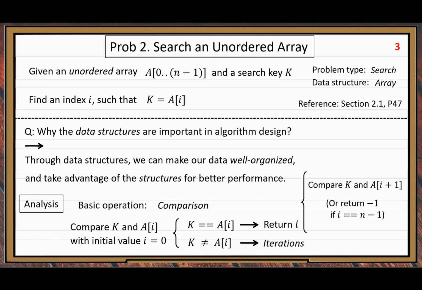But you may have the situation where, after you compare all the elements in the array, you cannot find any element whose value equals K. That's possible. If that happens, the search fails.